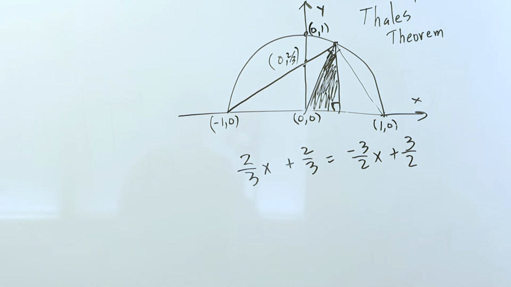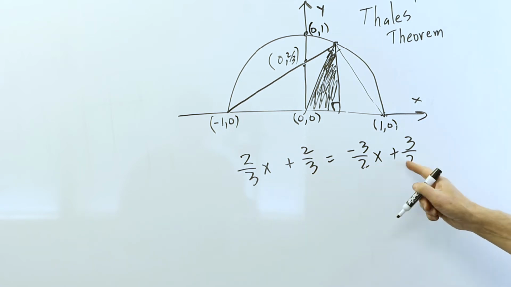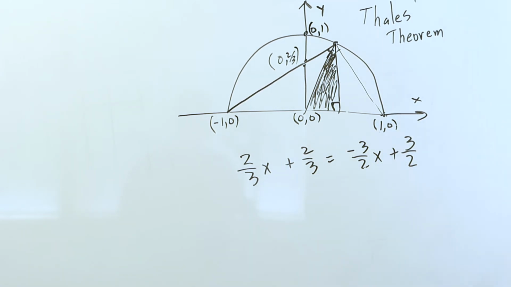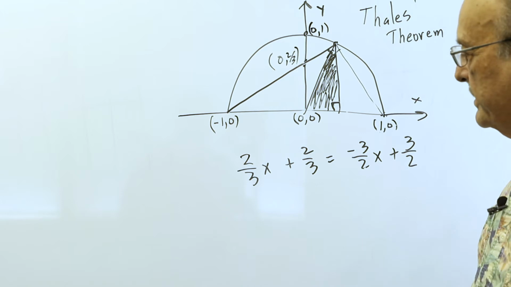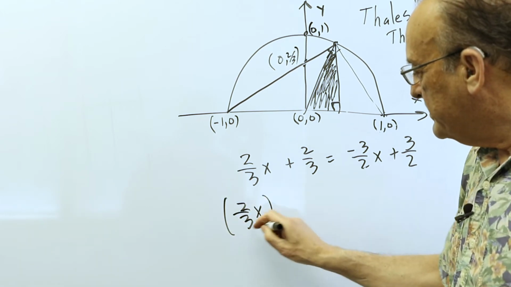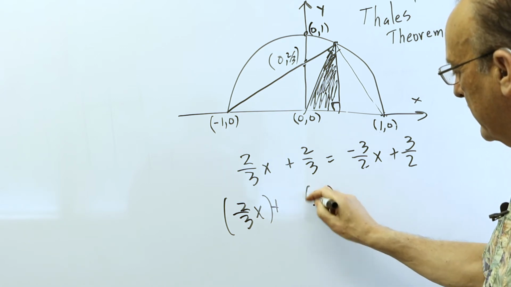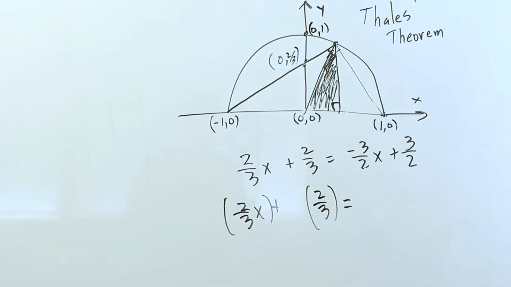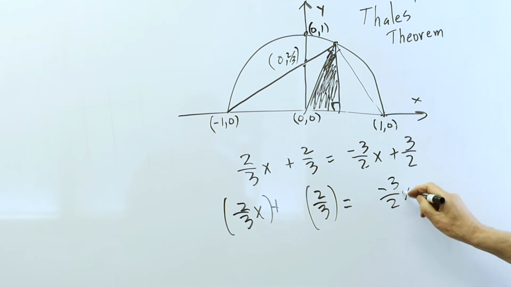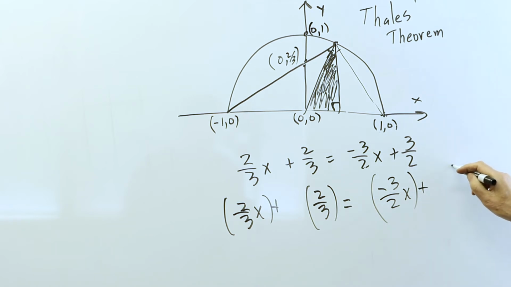Okay, so what I can do now is put each term in its own parenthesis with a little space in between. So I have 2/3 x in its own parenthesis plus 2/3 in its own parenthesis equals -3/2 x in its own parenthesis plus 3/2 in its own parenthesis.